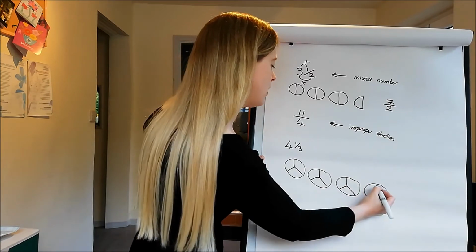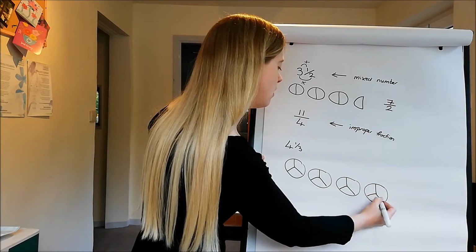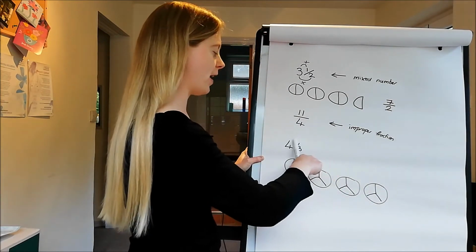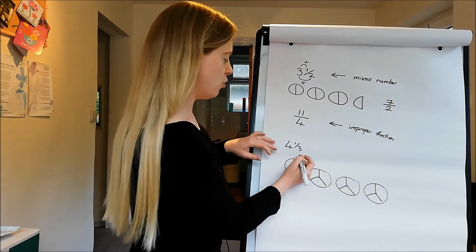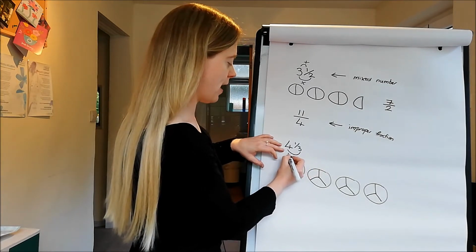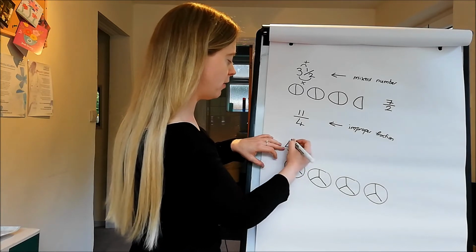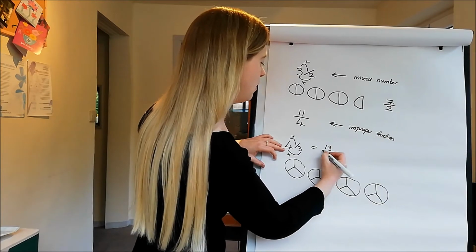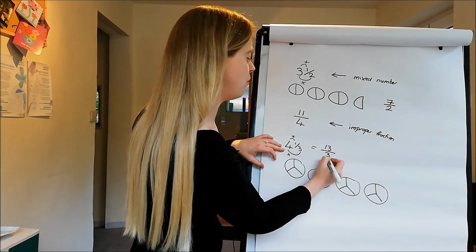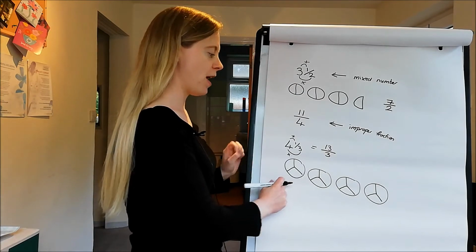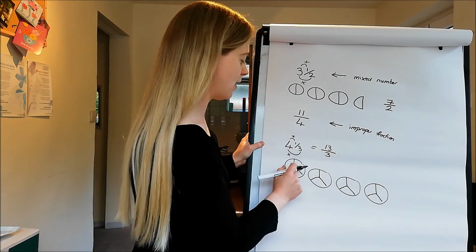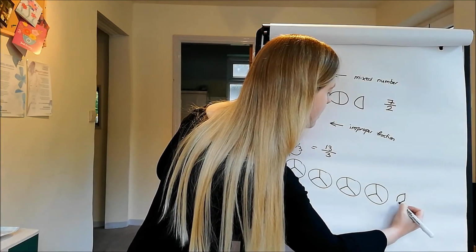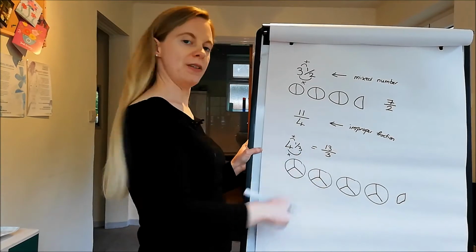So in other words, in 4 cakes, I would have 3, 6, 9, 12 slices, and then I've got an extra third as well. So 4 times 3 gives us 12. Adding the 1 on makes 13. And the question was in terms of thirds, so I'll put it over 3. So in 4 1/3 cakes, I'd have 3, 6, 9, 12, 13 slices of cake that was all divided into thirds.